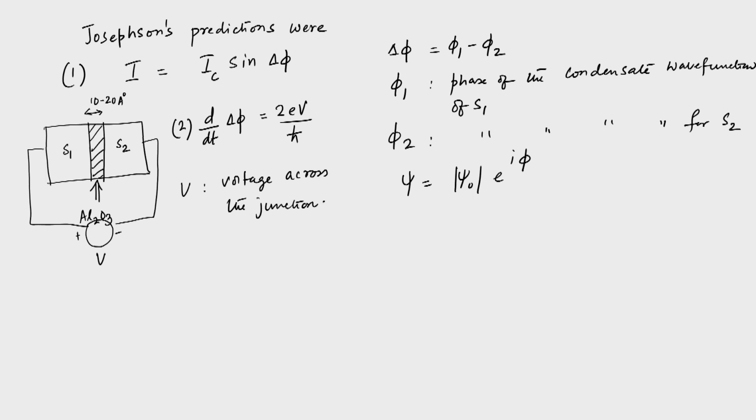If we have voltage constant, situation 1 we will call it. So, we will talk about the AC Josephson effect first.